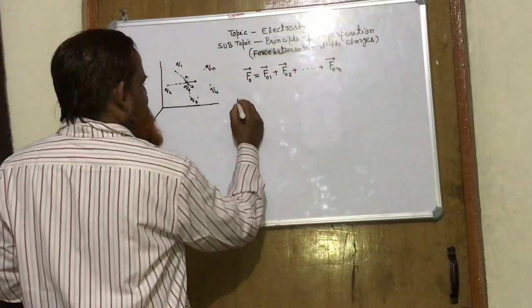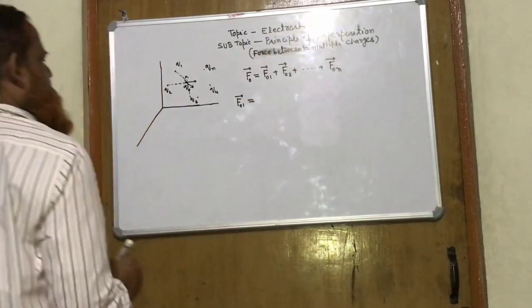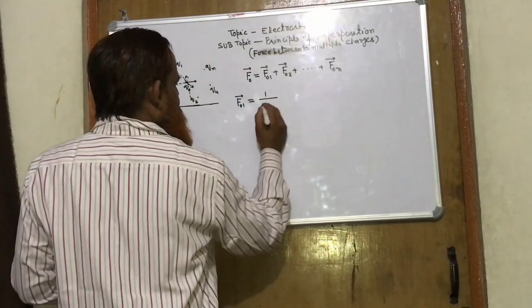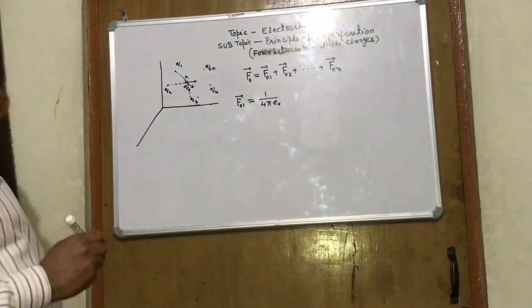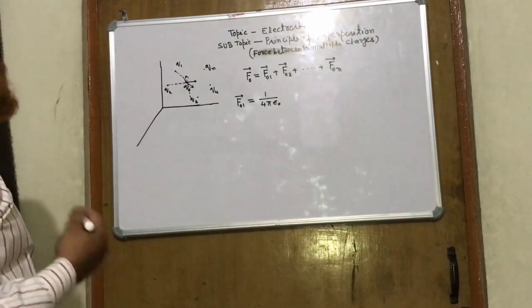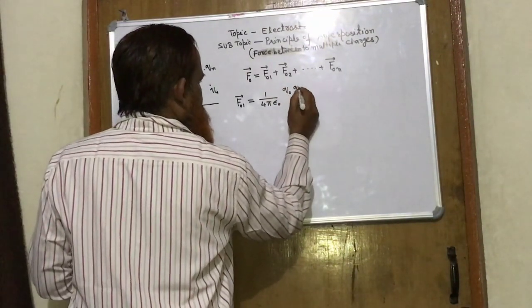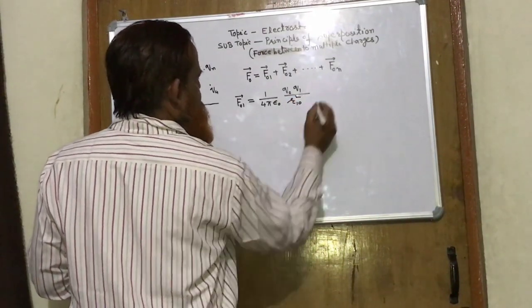First we will find F01. By Coulomb's law it will be 1 upon 4 pi epsilon naught, Q naught Q1 upon R10 square.